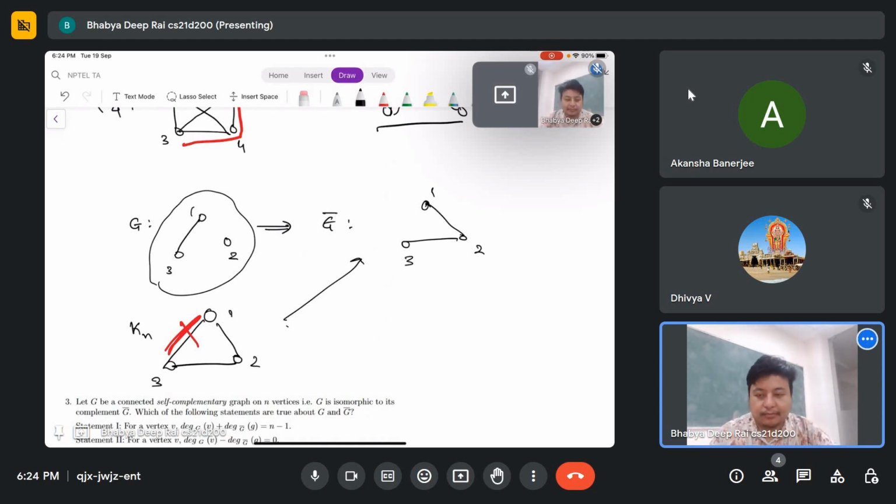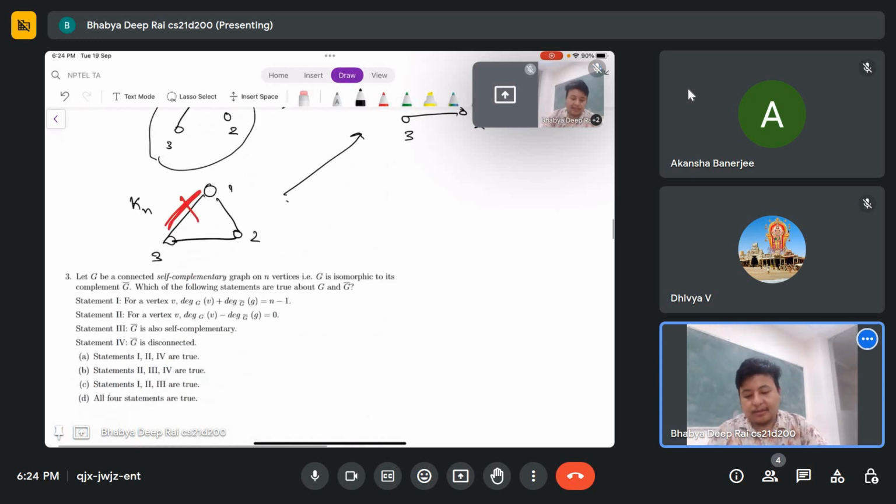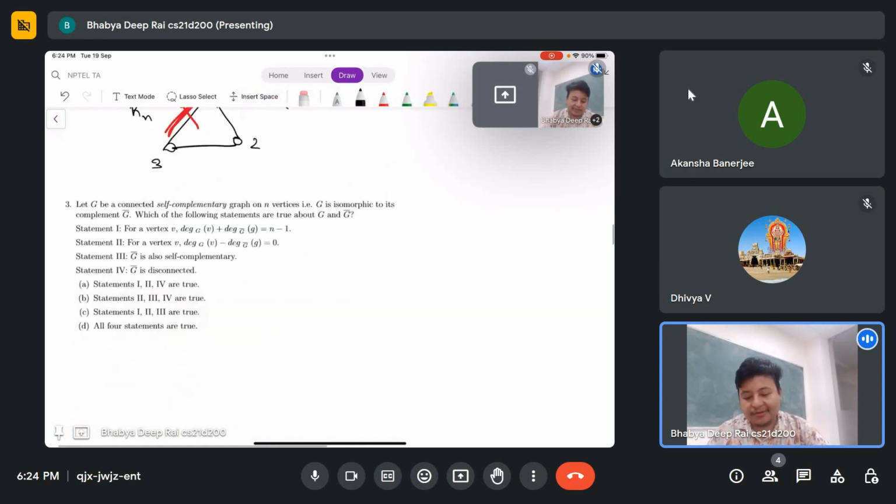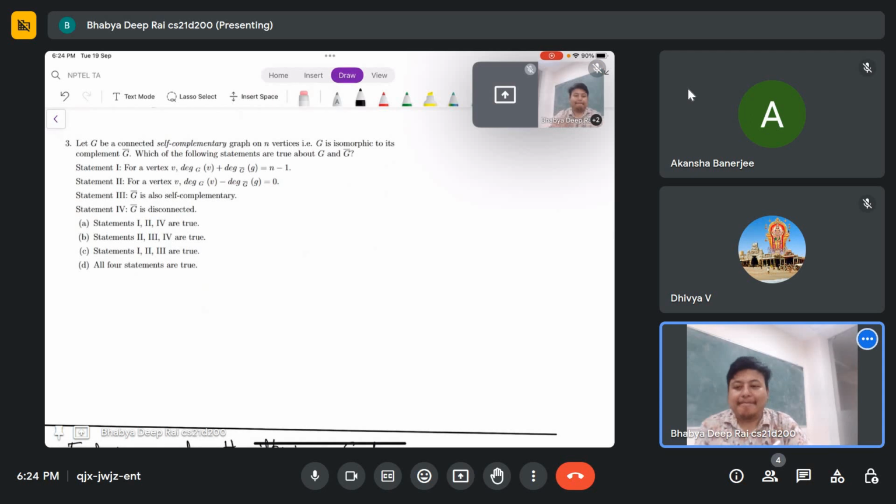Now let us do one question on complement. Let's say G is a connected graph which is self-complementary. Now, what is meant by self-complementary? G is isomorphic to its complement. That is, if I take the complement of the graph, then G will look the same.